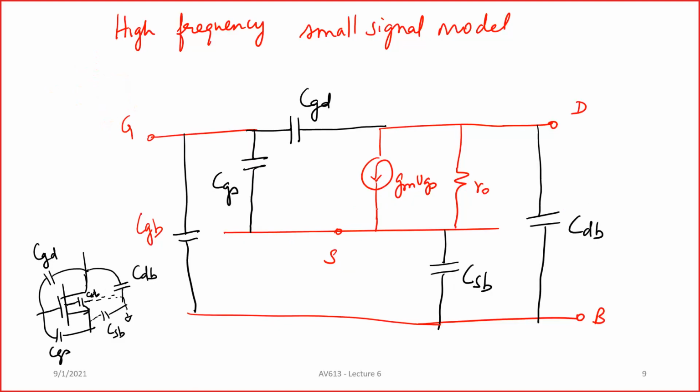What things do you think will come out of the picture? My source and bulk are tied together to ground. So source and bulk are at the same potential.